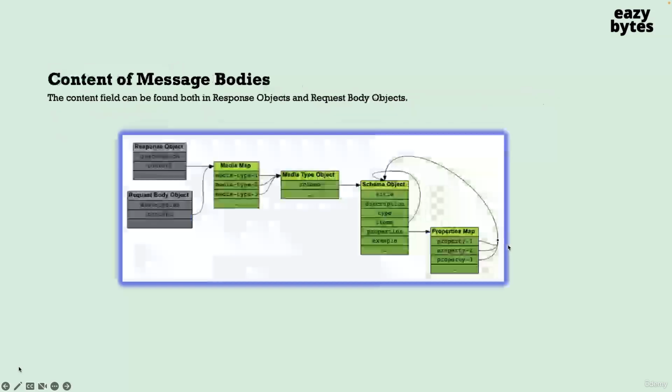Once we define these content details, as you can see here, after content, both in the response object and request body object, you mention the content type, and these content type values we call the media map, because it will have details like application/JSON, application/XML. Once you define that media type object, under it you can define the schema.